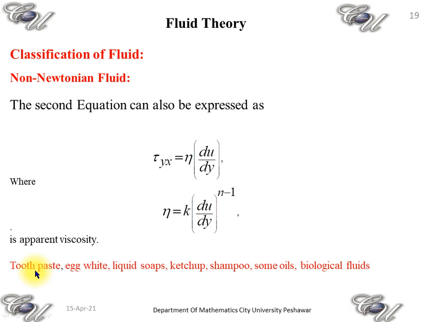Similarly with ketchup and shampoo: when you apply stress, or stir with a spoon, the viscosity decreases and it becomes thinner. Some fluids, maybe some oils, become thicker, not thinner, when stresses are applied. Fluids whose viscosity increases or decreases by applying stresses are called non-Newtonian fluids.